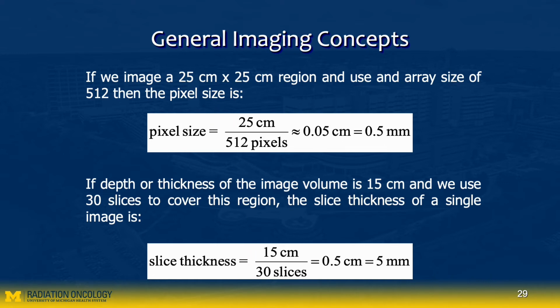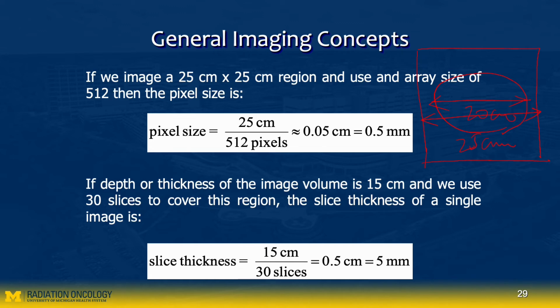So let me draw something. Say typically a CT slice is square. Then you have some object, say this is some 20 cm, and then the whole width from left to right is say 25 cm.